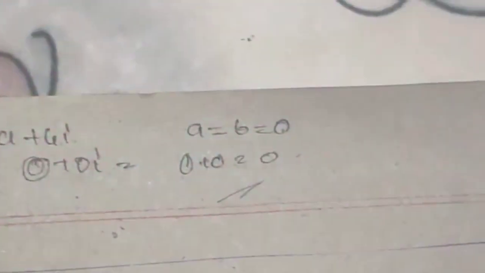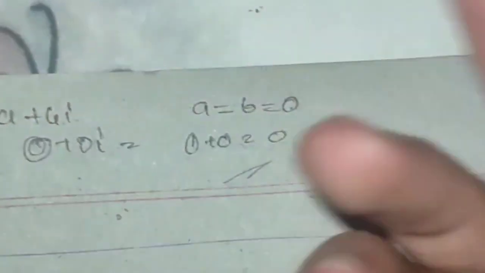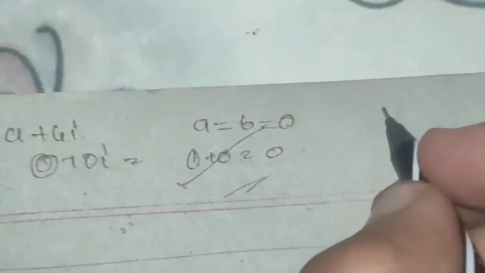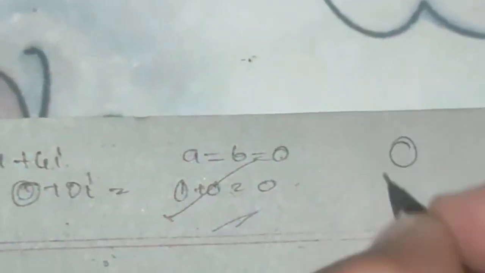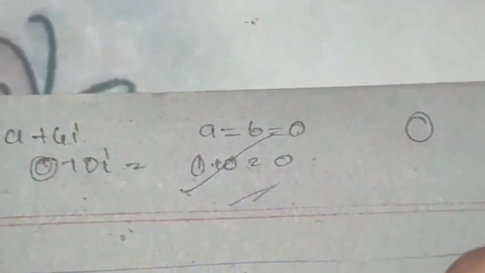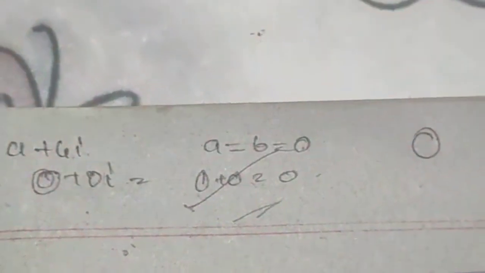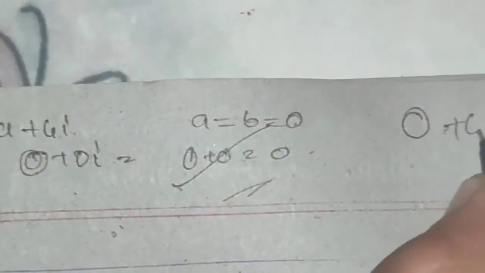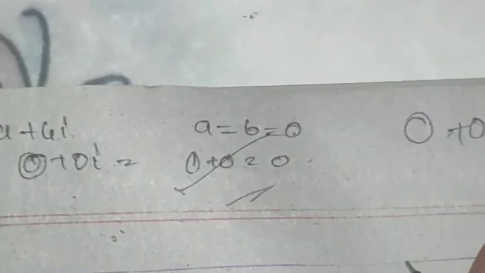So the complex number has become 0. If the real part and the imaginary part are 0, then the complex number is 0. We also call that 0, which is equal to 0 plus 0 iota, the zero complex number.